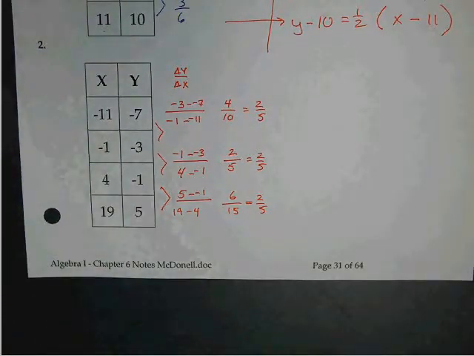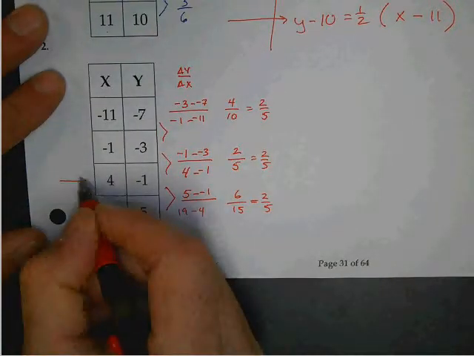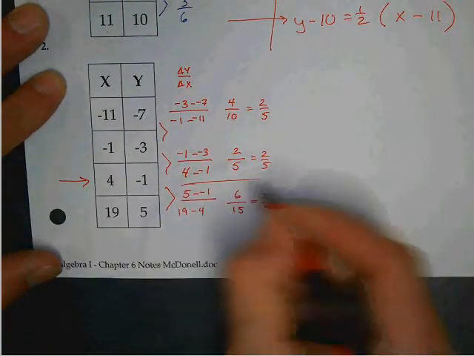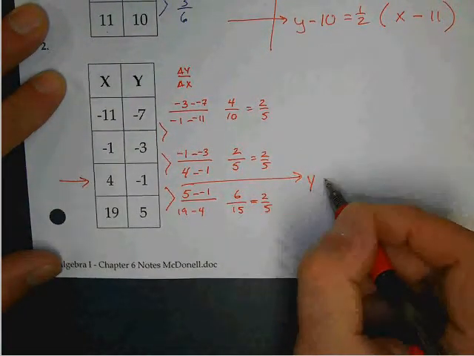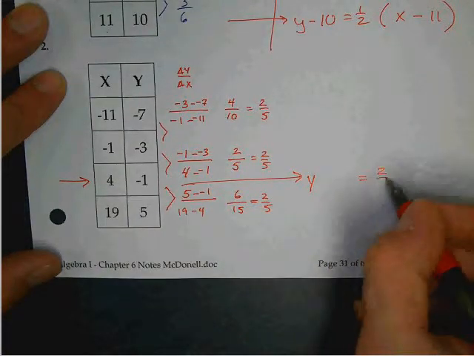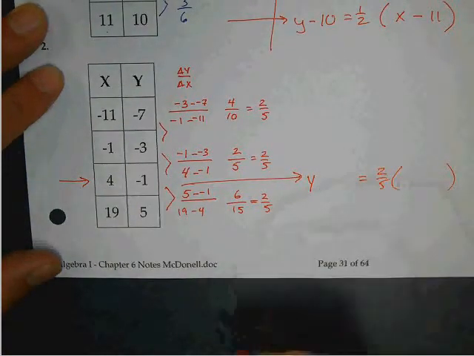So the first question, if this was on a quiz or a test, Luis, I would say, does the table of data show a consistent linear relationship? And your answer is yes. Now, model that relationship with a graph or with an equation. I'm just going to choose, for the sake of it, the third one. So here we go. Y minus a number equals 2/5 times x minus a number.